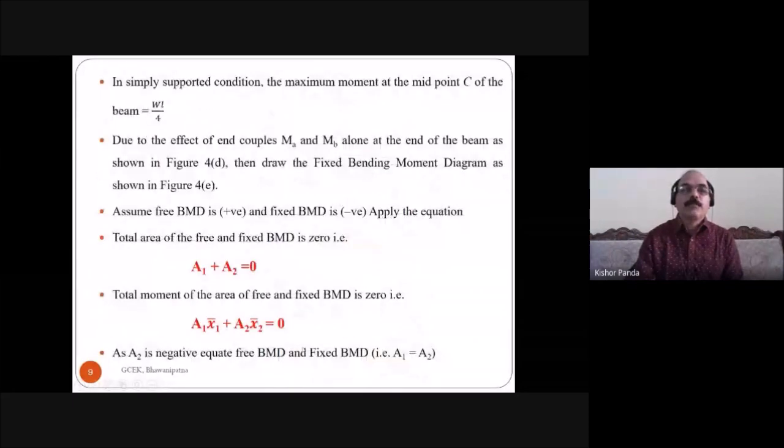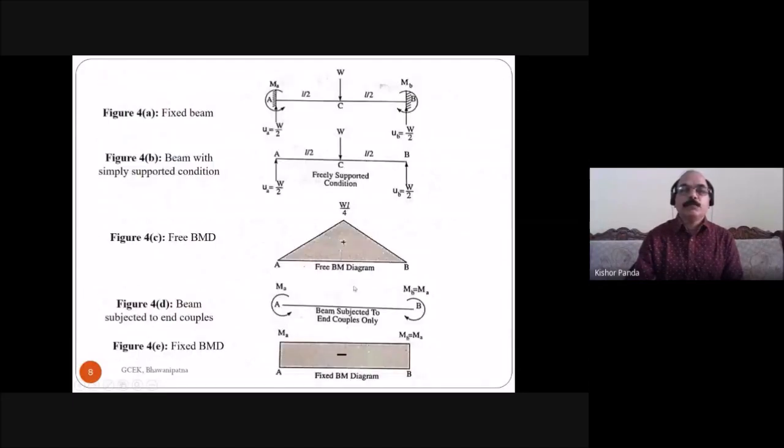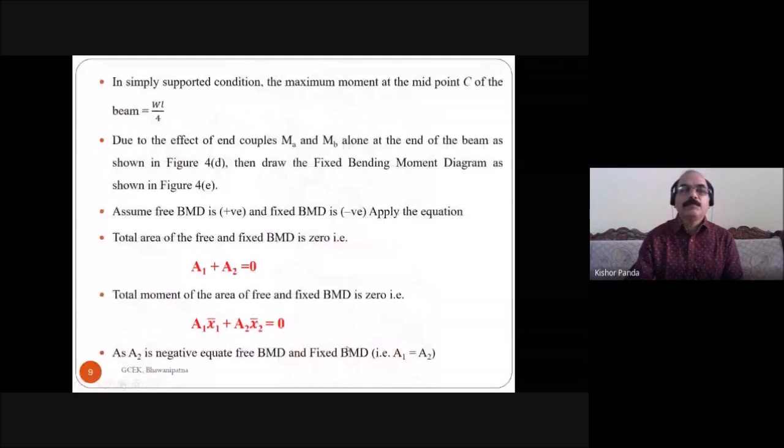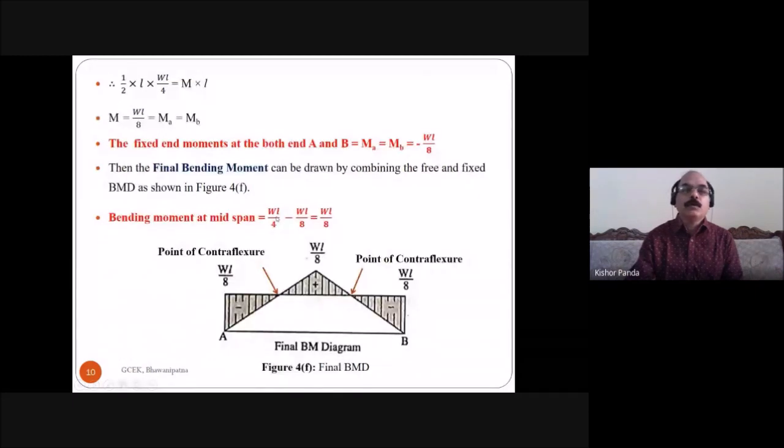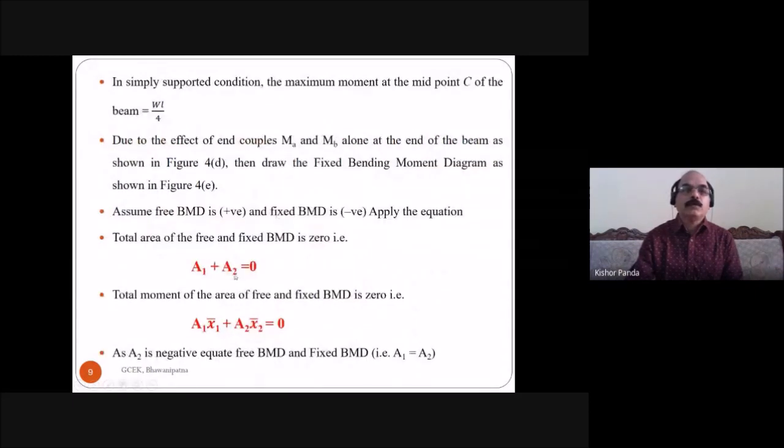Assume free BMD is positive and fixed BMD is negative. This is positive and this is negative. Total area of the free BMD and fixed BMD is 0, A1 plus A2. Total moment of area of free BMD and fixed BMD is 0, A1 x1 bar plus A2 x2 bar is equal to 0. As A2 is negative, the free BMD and fixed BMD areas are equal, that is A1 is equal to A2. So you just have to equate A1 is equal to A2.